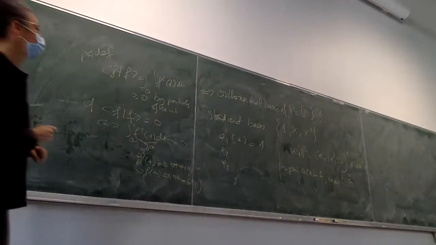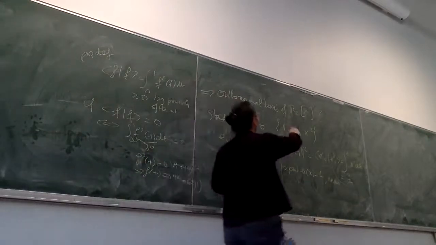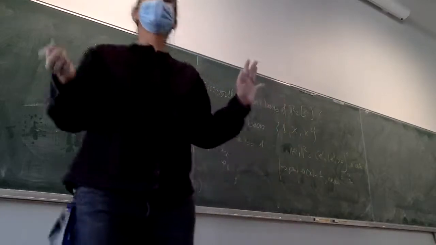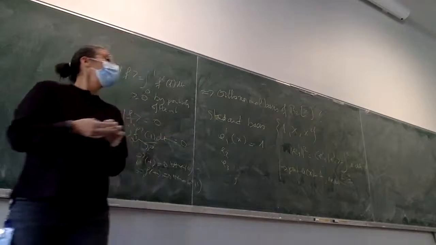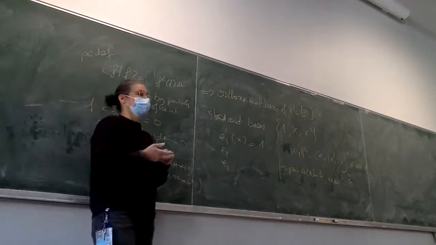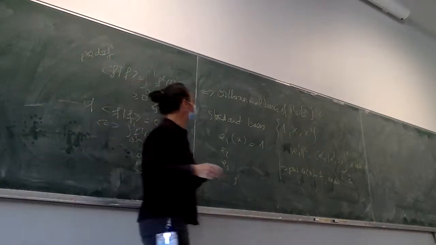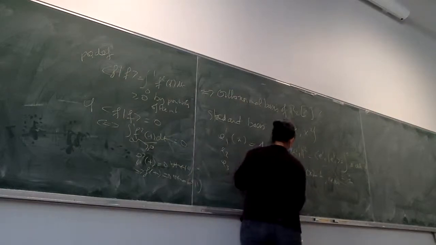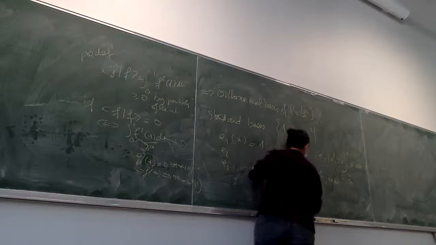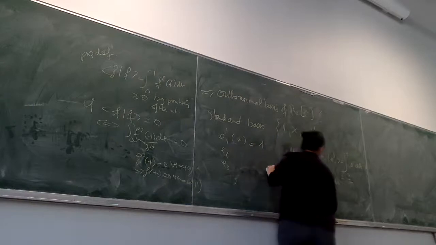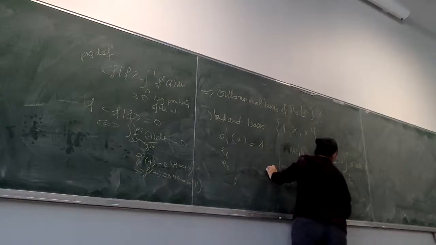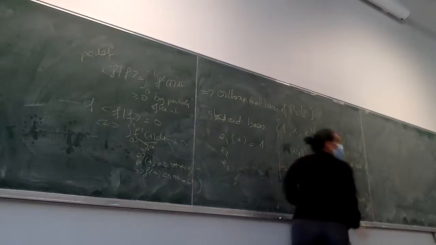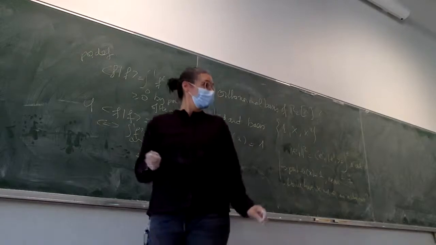Second one. My second function is x. Maybe if I'm lucky, I'm going to get something that is already orthogonal. What should I check? That x and E1 are orthogonal with the scalar product.